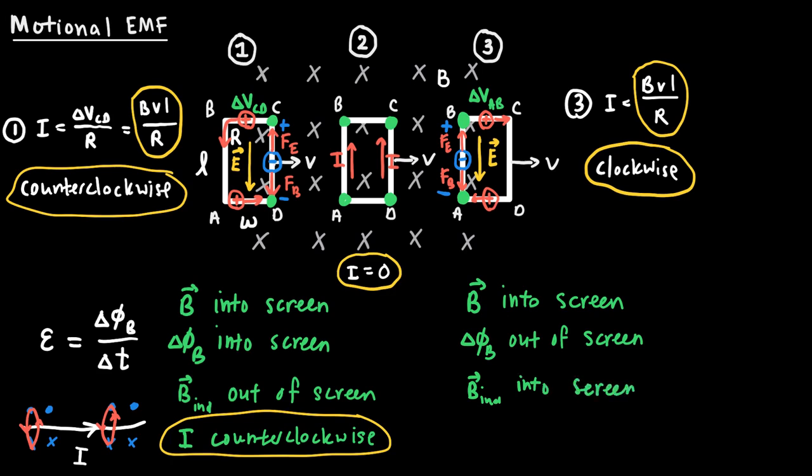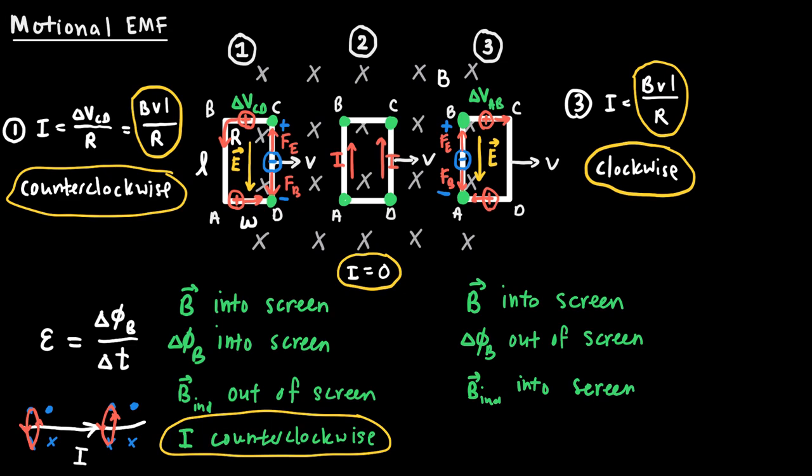Okay. So now we need to do the same thing. I need the direction of the current to be in such a way that when I use my right hand rule, my thumb points in the direction of the current, and my fingers are pointing in the direction of the magnetic field. At location number 3, that means my fingers need to be curling into the screen while they're on the inside of the loop.